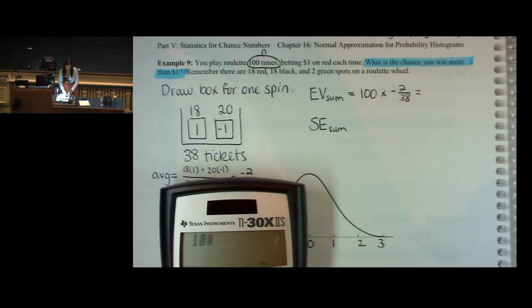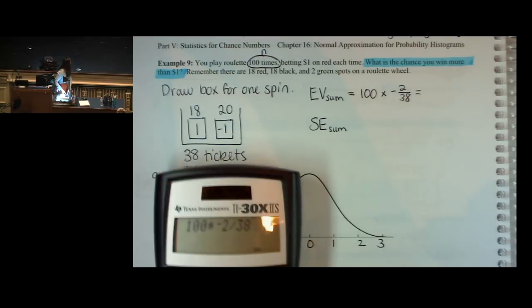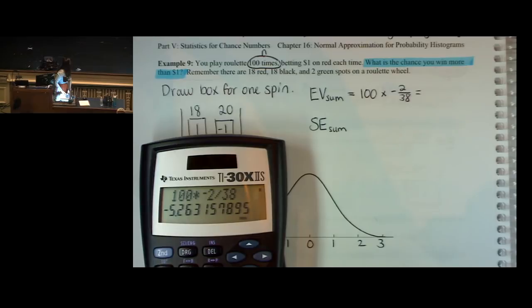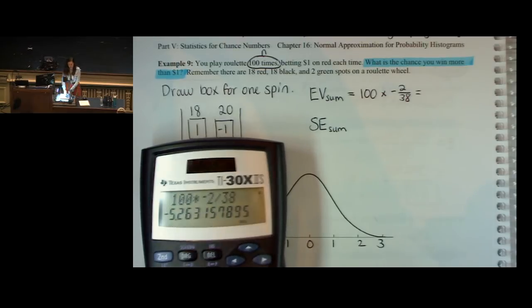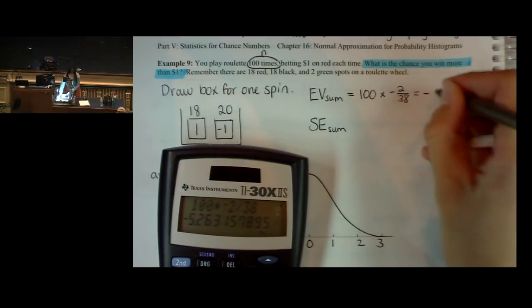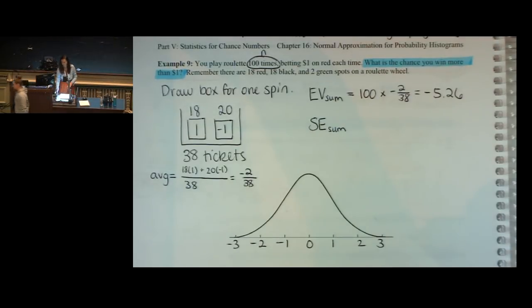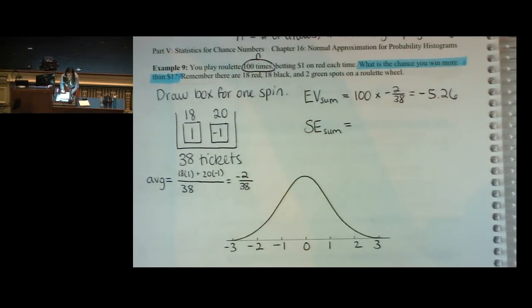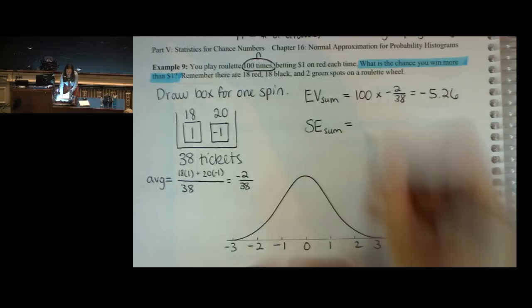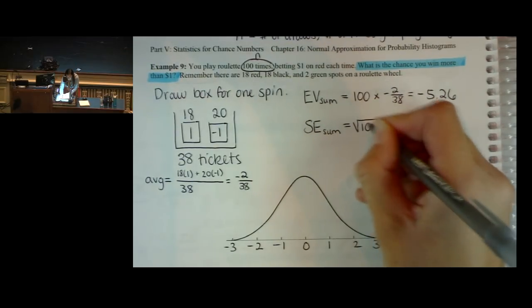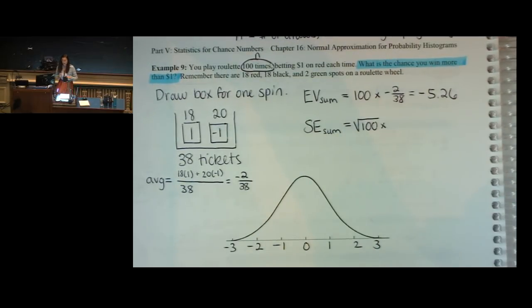And we'll see what that gives us. I'll put that in my calculator really quick. -5.26. I think we've seen this one before, but yeah, -5.26. So there's my expected value. And now I need my standard error. The standard error is going to be the square root of n times the SD of the box.